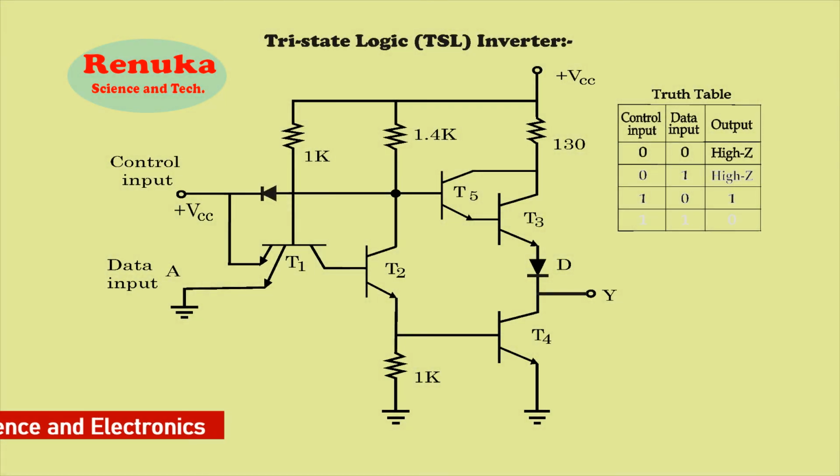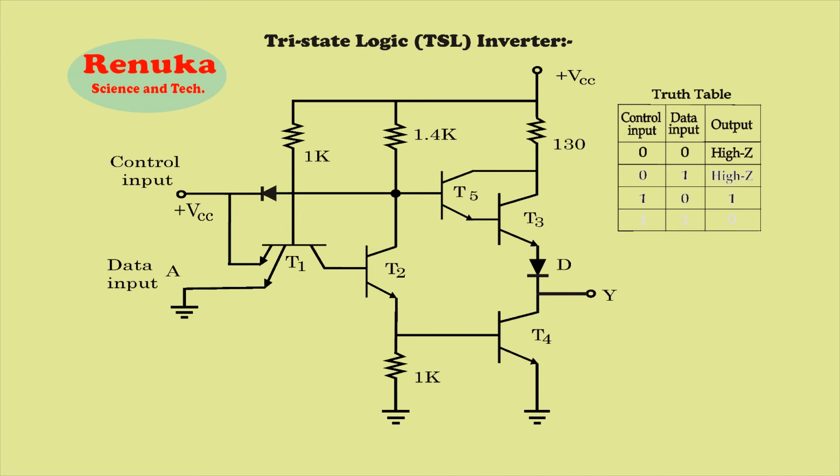Now control input is connected to logic 1 and data input is connected to logic 0. If control input is connected to logic 0, that means that terminal is connected to ground. And here, control input is connected to 1, it means that the control input's terminal is connected to power supply plus VCC. So the cathode voltage is plus VCC, and the anode voltage is also right now plus VCC.